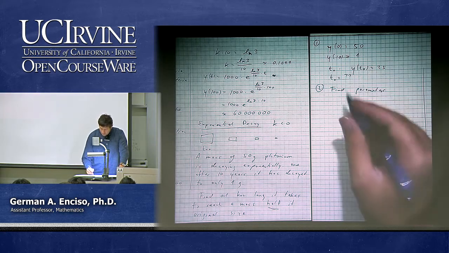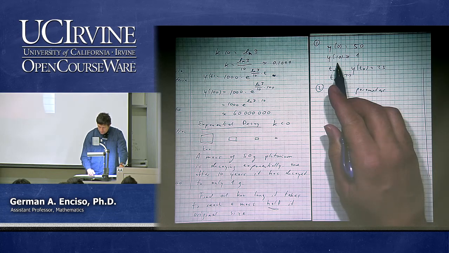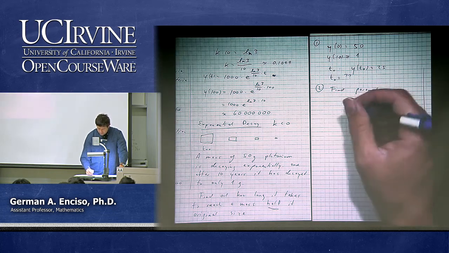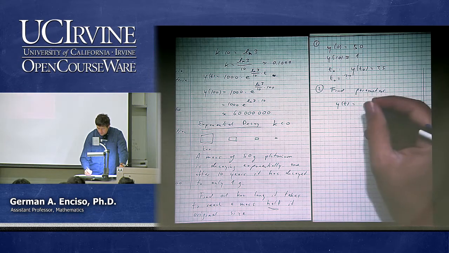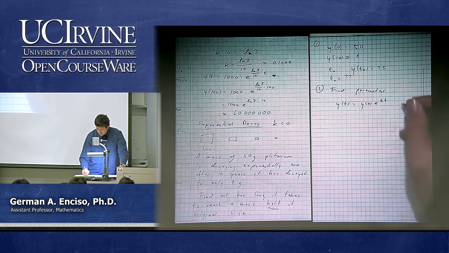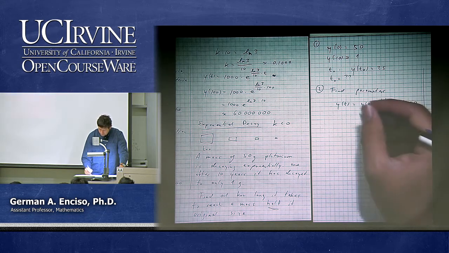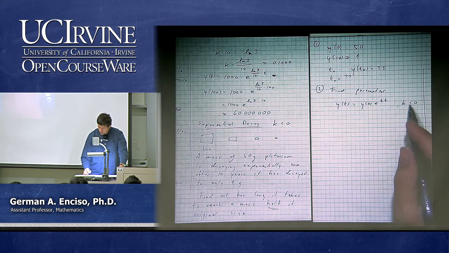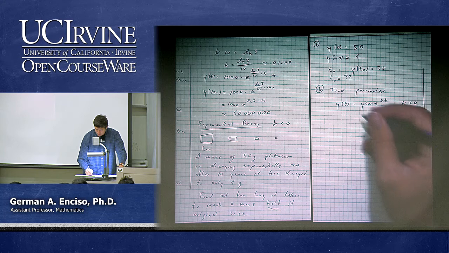So y of 0 is already known, it's 50. Now let's calculate y of t. What we know so far is that this is y of 0 e to the kt. Presumably k is going to be negative. We don't know this. We need to calculate the value of k, but we have a good idea that it should be negative.